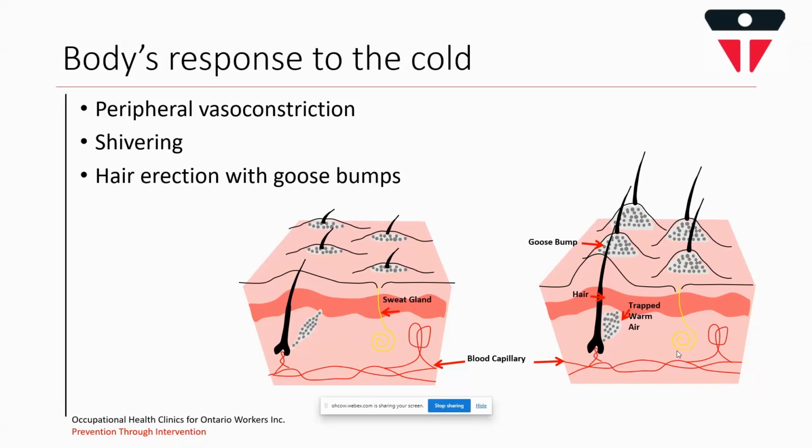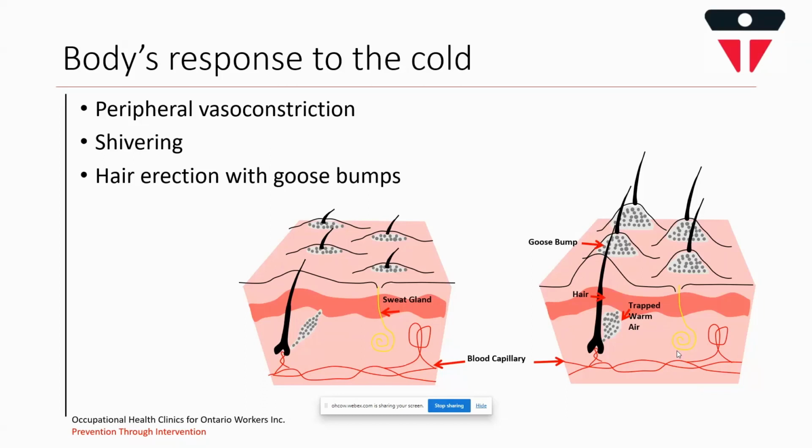Shivering is another involuntary mechanism to generate heat in the body. It's an involuntary skeletal muscle movement in our torso, which can generate heat. And you'll see it is one of the signs of hypothermia too.